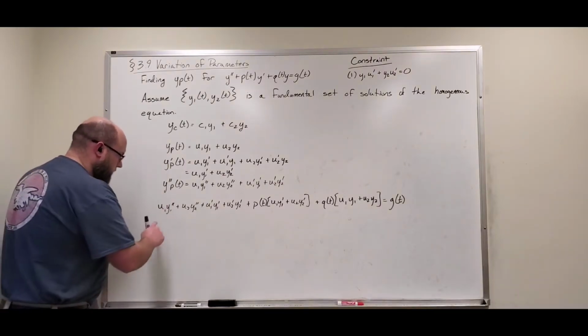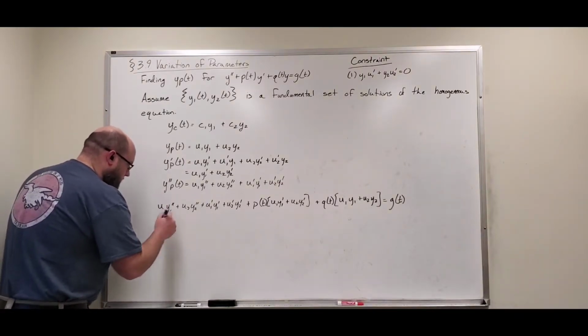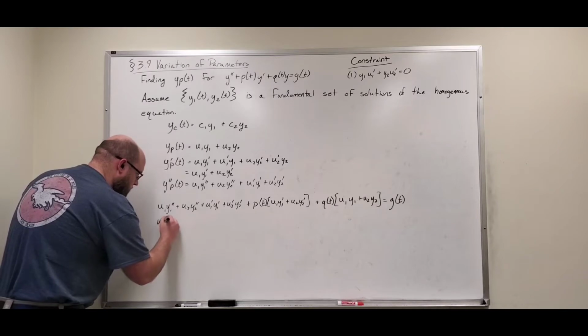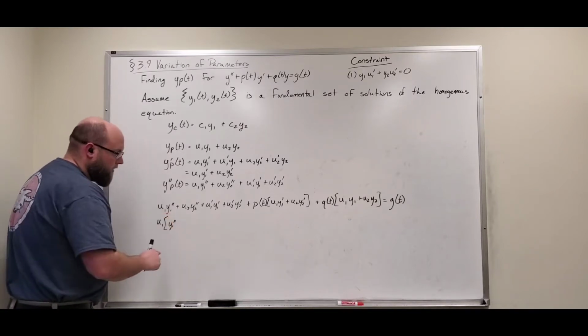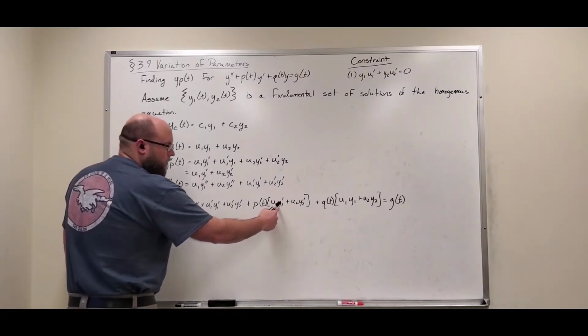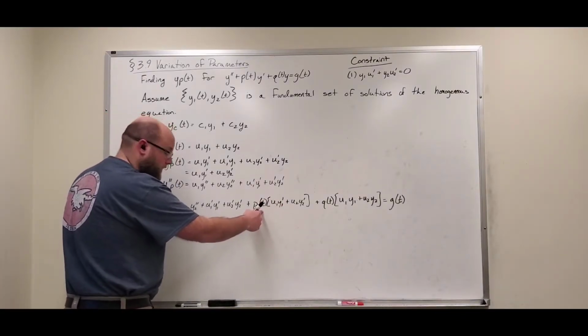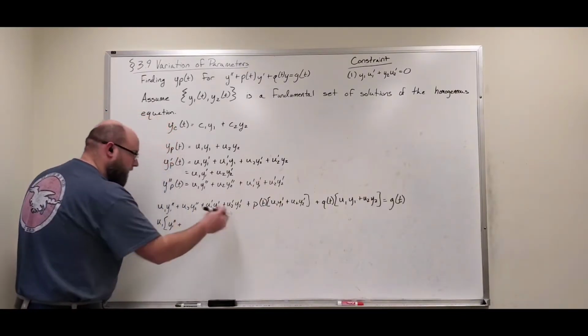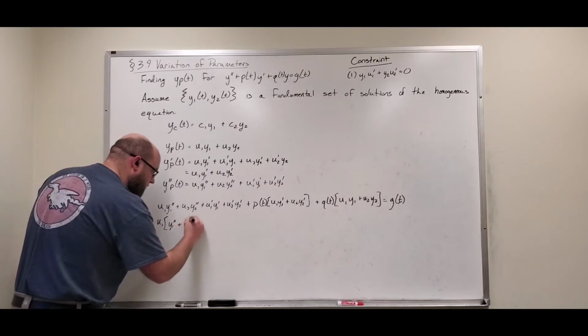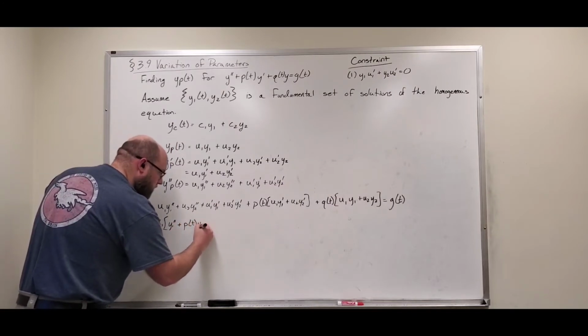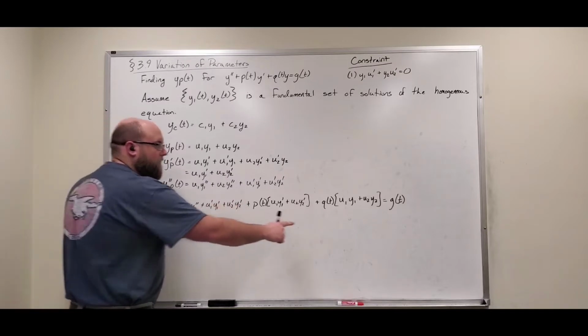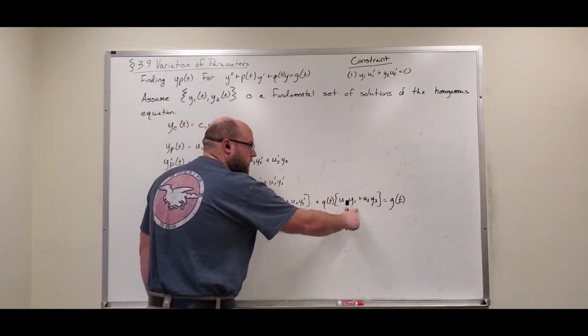In fact, we can do that here. Notice u1 is multiplied by y1 double prime, and then we have u1 times y1 prime times p of t. If I factor that out, I get p of t y1 prime and q of t u1 y1.